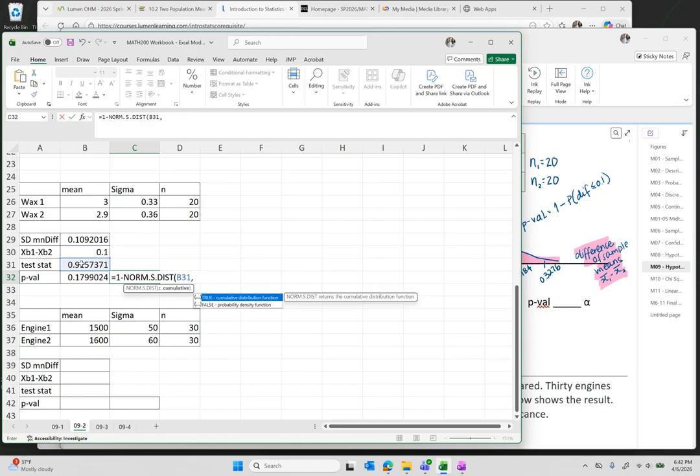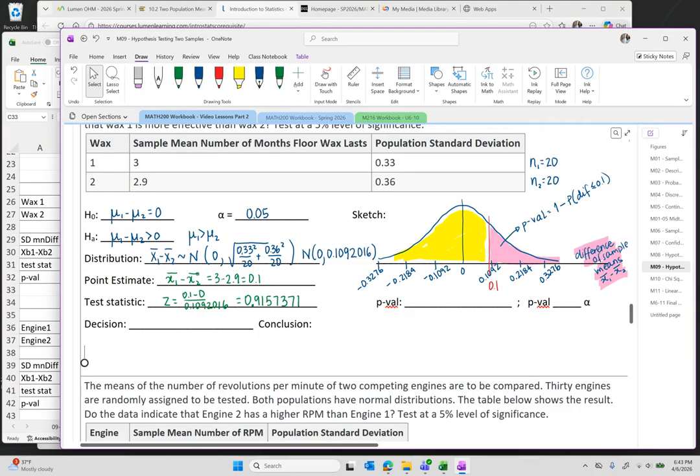Yes, I do. So both answers should be the same because the test statistic is actually calculated from the mean and the standard deviation of the distribution. So I have a p-value of 0.1799.